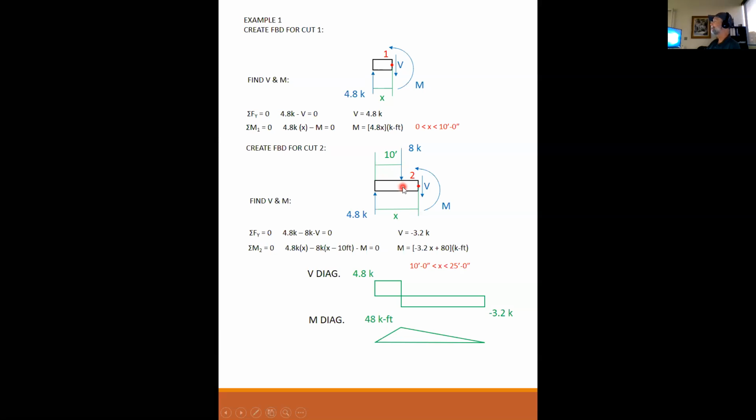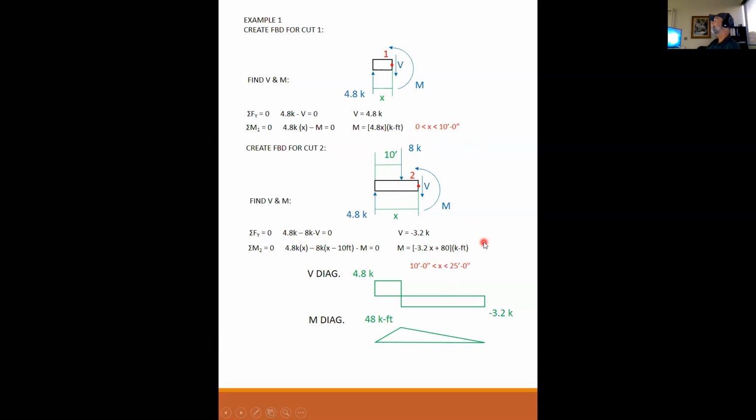So there should be no discontinuity in the moment. Whatever you get for the moment at 10 feet from the left-hand side should equal the same number you get for the moment coming at it from the right-hand side. And you plug in 10 feet here, plug in 10 feet here, and you get the same answer, 48 kip feet.